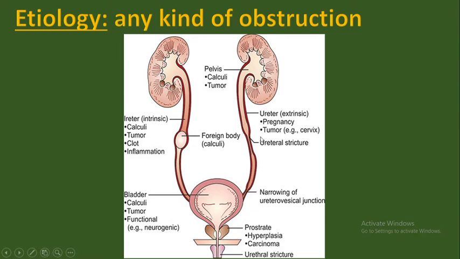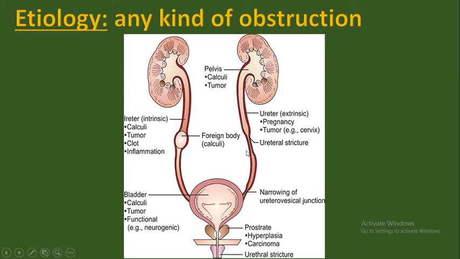Also in pregnancy, a high level of progesterone may affect the ureteric muscles, and this will lead to atony of the ureteric muscles. There will be obstruction and there will be hydronephrosis.